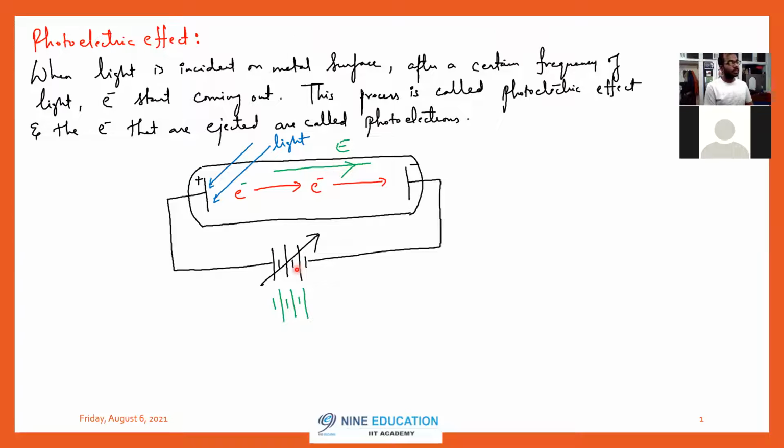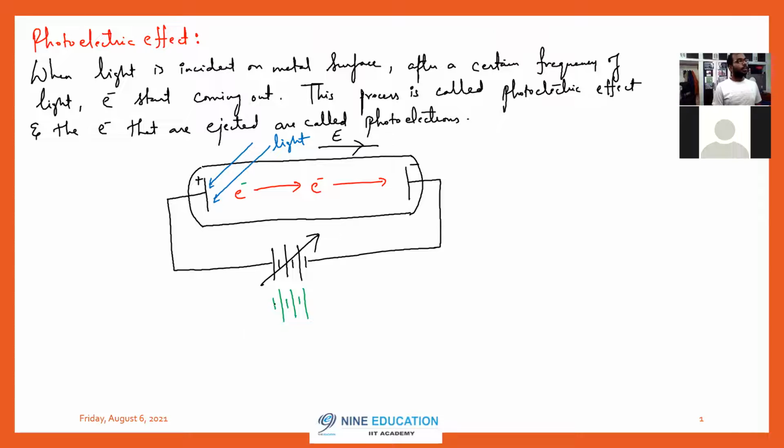In that case, okay, the green is confusing on the condition, so I'll change to black color. So this is the electric field. This is positive and negative.